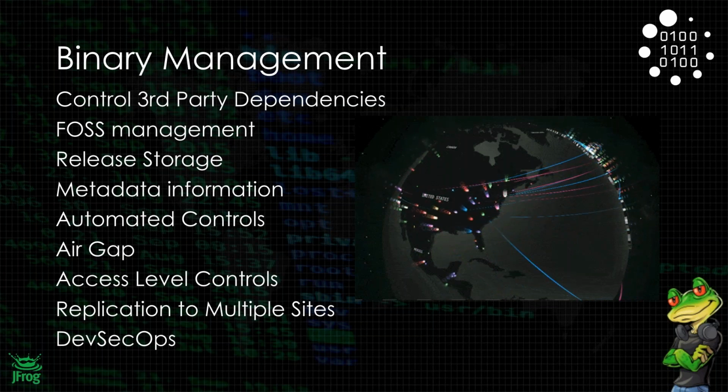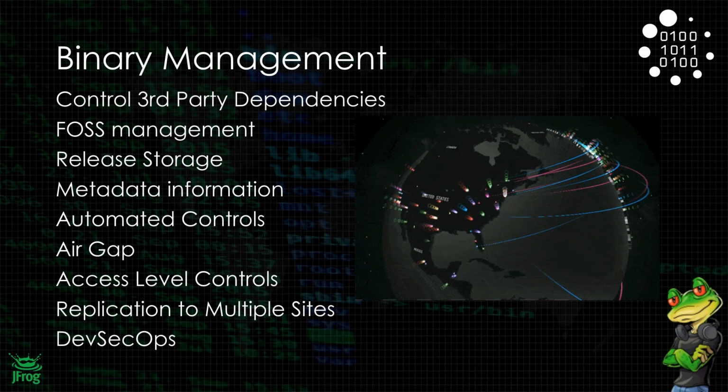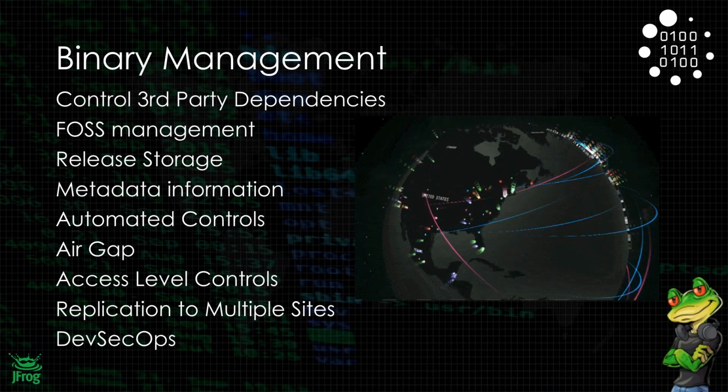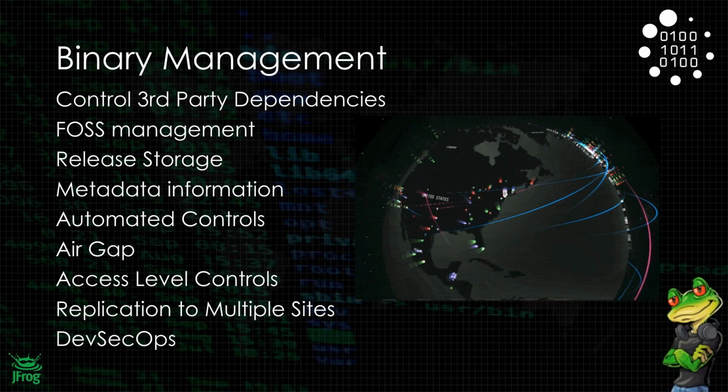So you don't get the whole, my team has built something, the other team picks it up 24 hours later, and they have to go back and recompile. They can always use the same build, making sure that all the binaries are approved, and especially in an air-gapped environment, instead of having all these other locations come in and try to download the same binaries. We'll talk about that, but it's all about consistency.